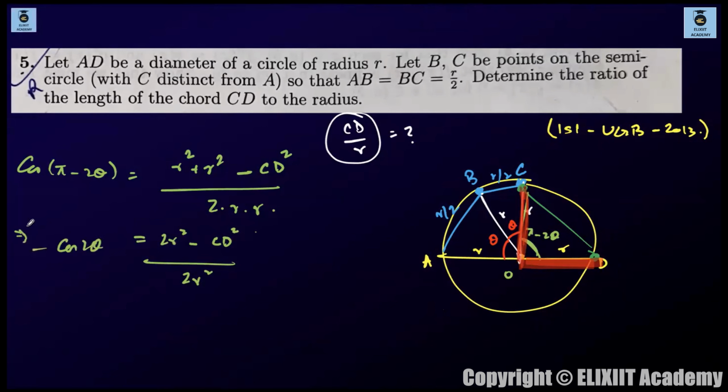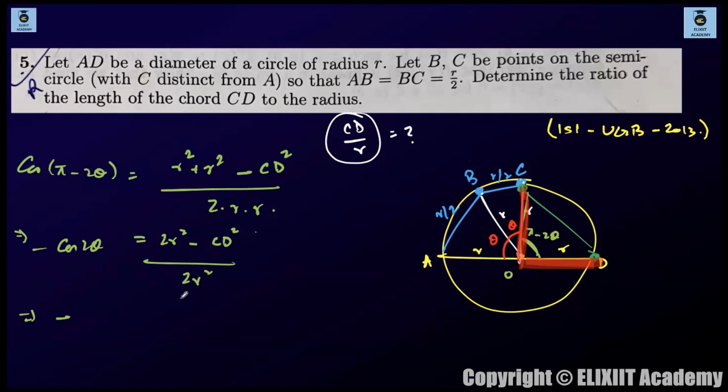You can see how simply, in a geometry question, we are also using solutions of triangle, concepts of trigonometry. So minus cos 2 theta. If we figure out this cos 2 theta, we can figure out CD by R, because from this ratio we get CD square by R square.